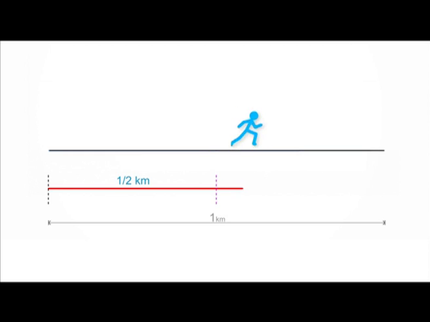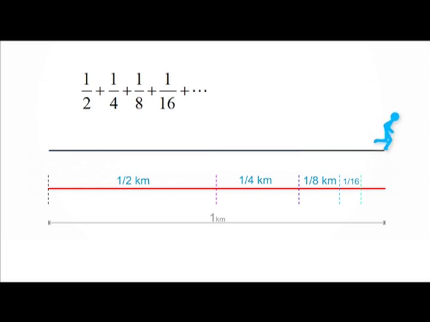To cover the remaining half kilometer, he has to first cover its half distance, which is 1/4 kilometer. The remaining 1/4 kilometer can be covered only by covering its half distance, which is 1/8 kilometer, and so on. That is, in total he has to cover the distance 1/2 plus 1/4 plus 1/8 plus 1/16 plus etc.